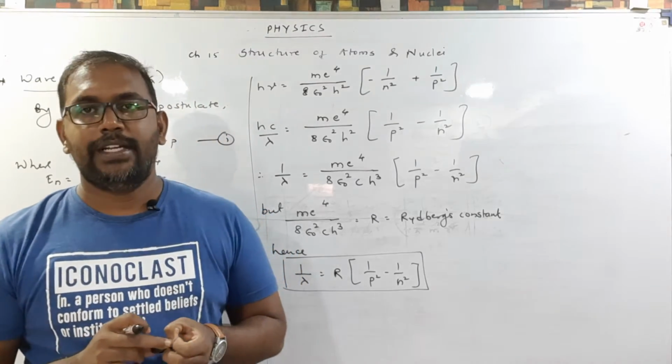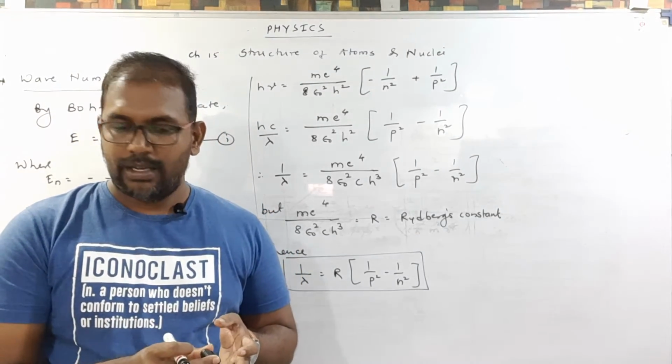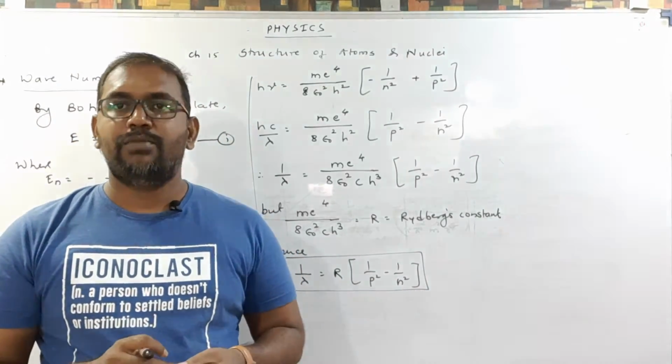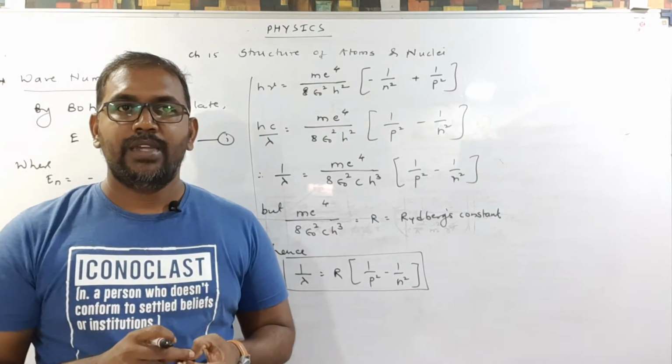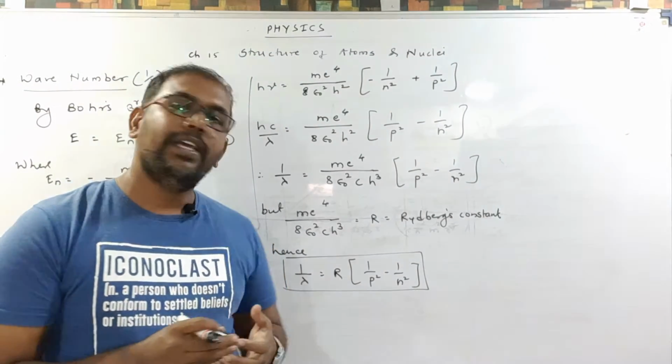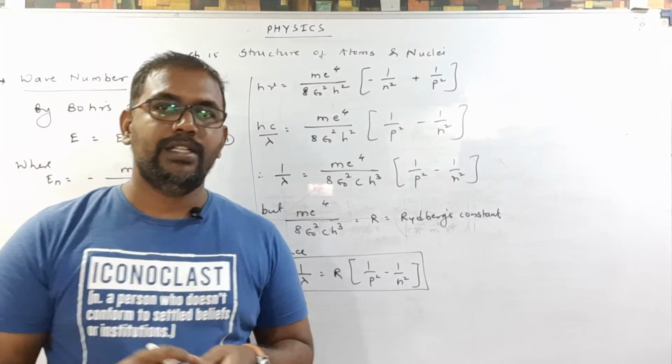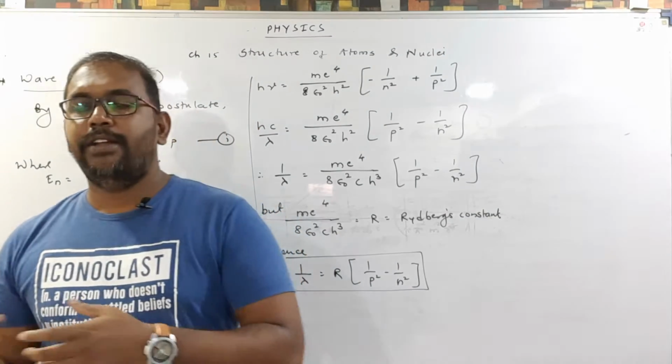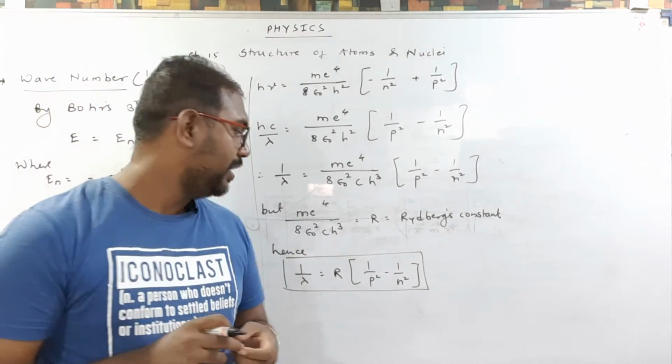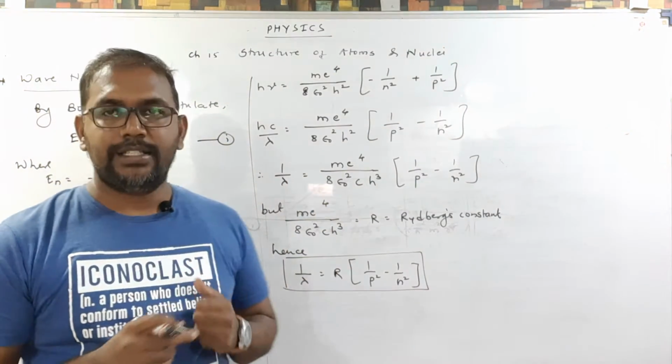This energy is in the form of light. So if you find out the wavelength, then we get some light in the UV region, some in the visible region, some in the infrared region. Based on that, we classify these series.